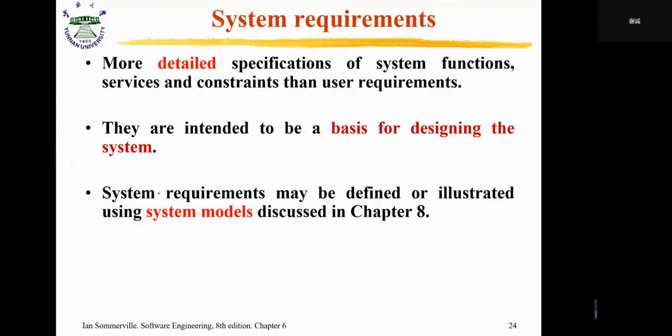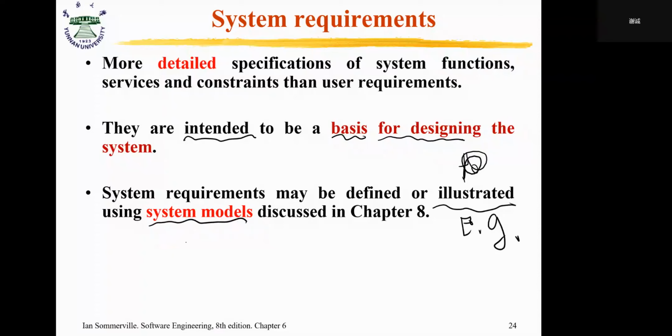The system requirements are intended to be the basis for designing of the system. So that means when you finish the system requirement, you can accord to the system requirement to design your system. And the system requirement may be also defined or illustrated, e.g., using the system model.